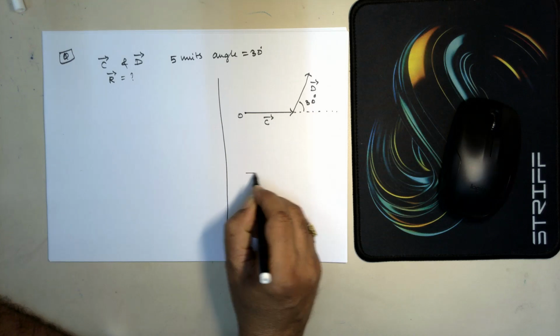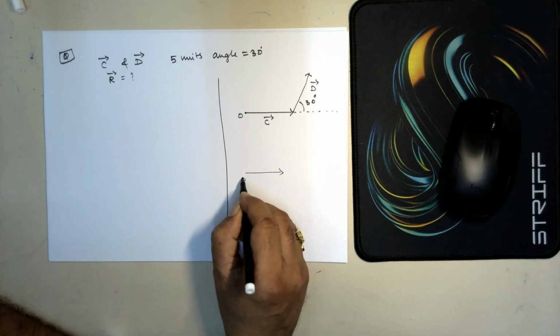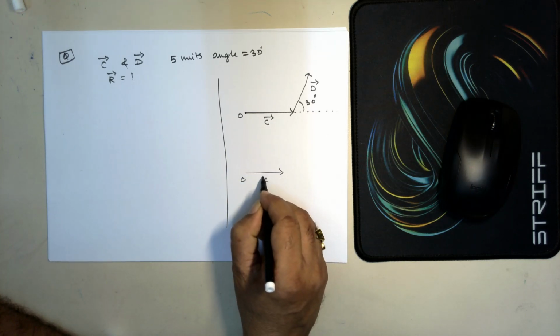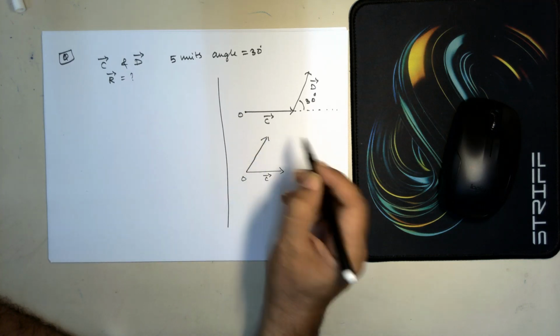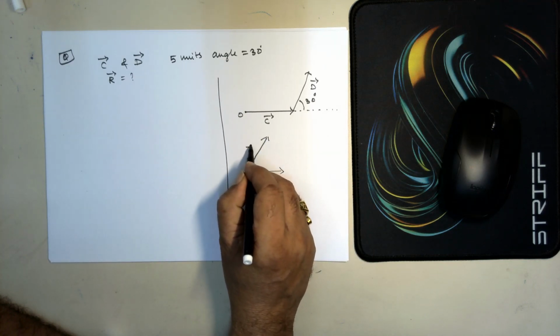Actually, it should be represented like this: O, and this is the C vector. Probably the other vector is like this. That is vector D.